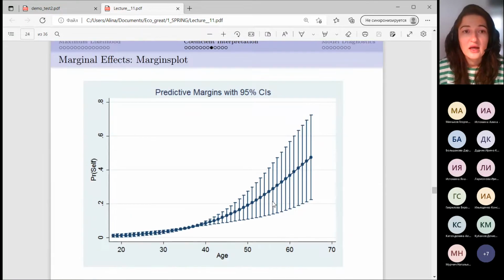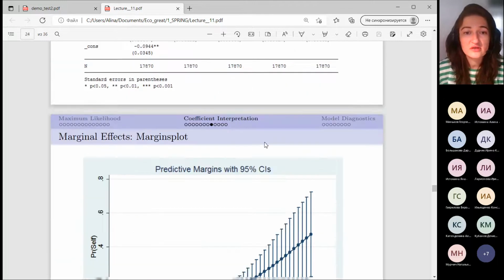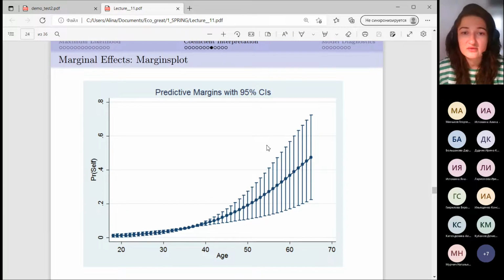But also, we want to visualize the marginal effects. So you have some special commands that can help you to visualize these values in nice graphs.